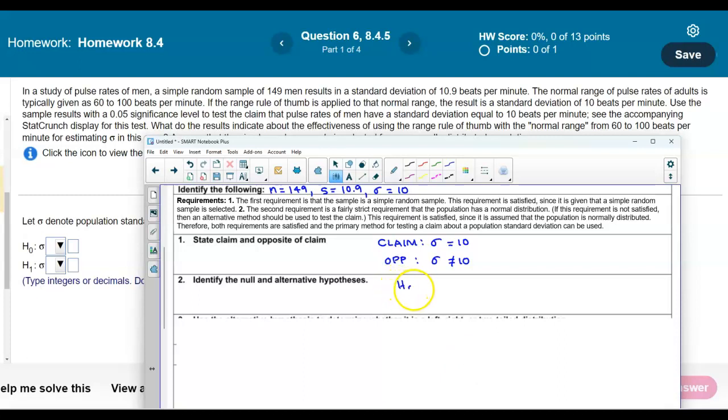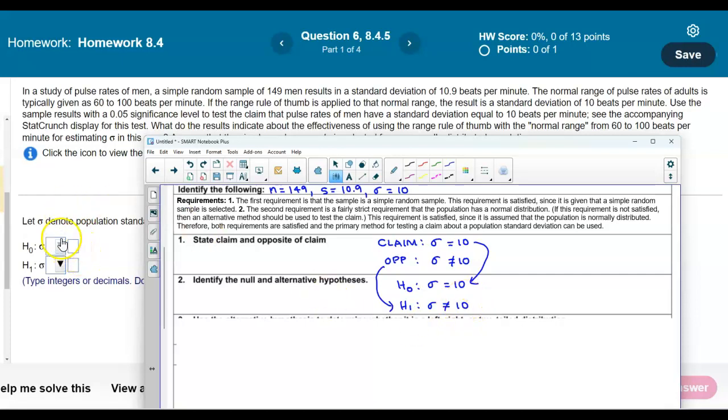Remember that the null hypothesis always contains the equality sign. So the null is that the population standard deviation equals 10, and the alternative is the opposite of the claim: the population standard deviation is not equal to 10.